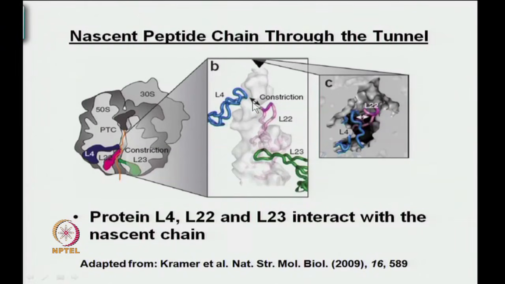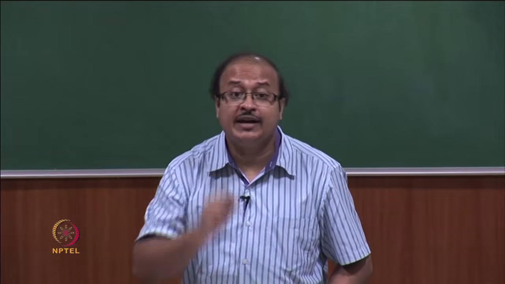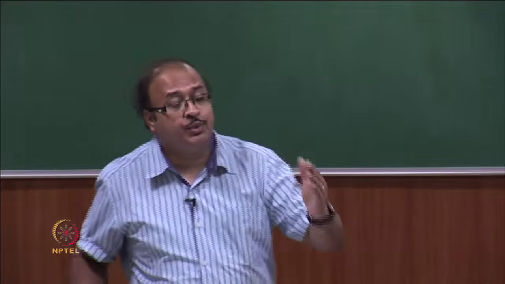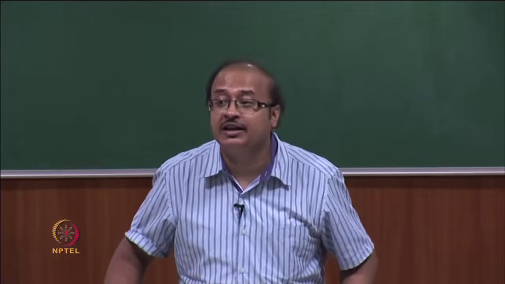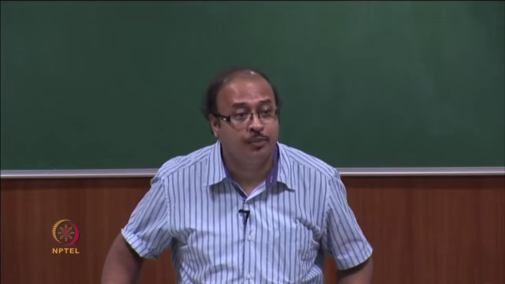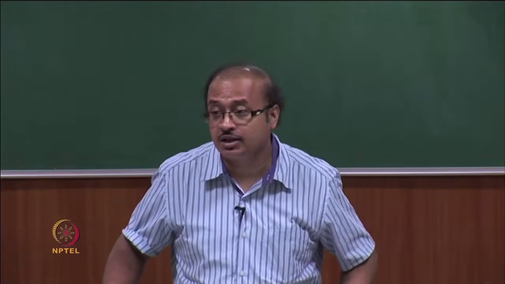That is possibly the narrowest point in your exit tunnel. Panel C is a more zoomed-in version, and it tells you how the L4 and L22 interactions maintain that constriction of the tunnel. So, the take home message from the slide is: when the peptide chain is getting elongated, it is coming through an exit tunnel, but at one point, the constriction point, the width of the tunnel becomes very narrow.